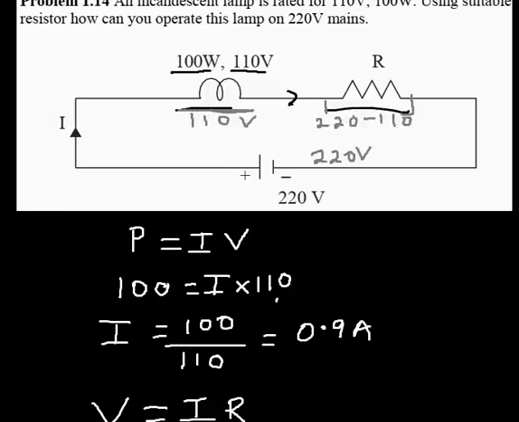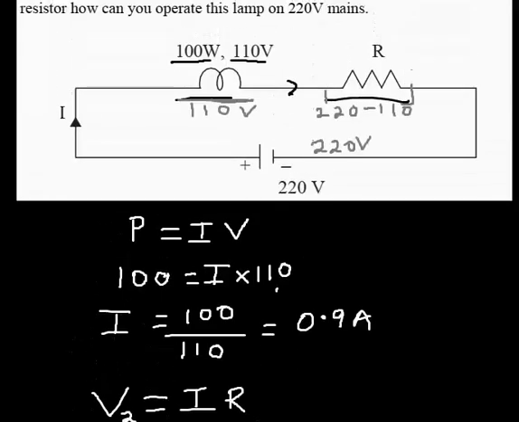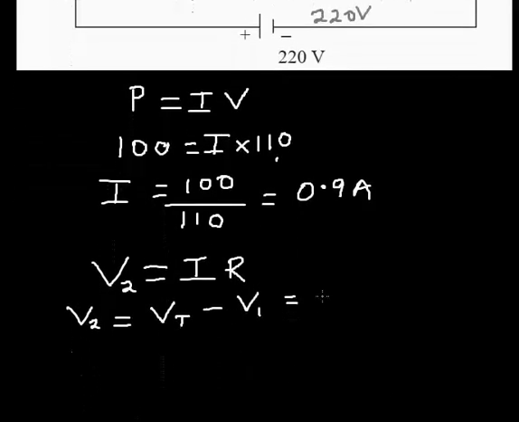I call that V2. So V2 is equal to the total voltage minus the voltage across V1, across the lamp. That's 220 minus 110, which gives 110.